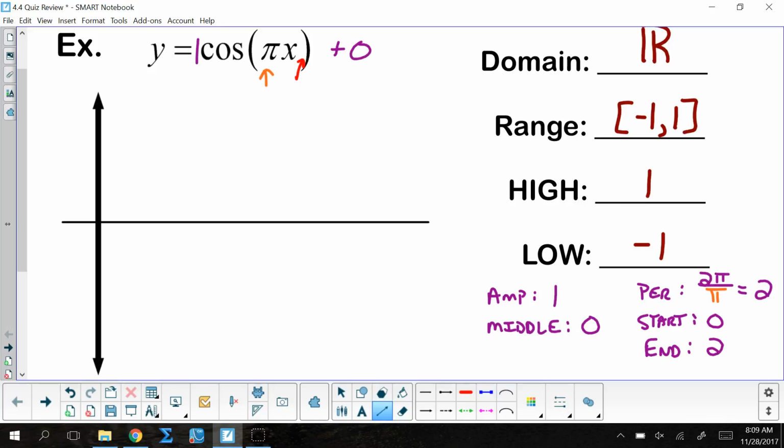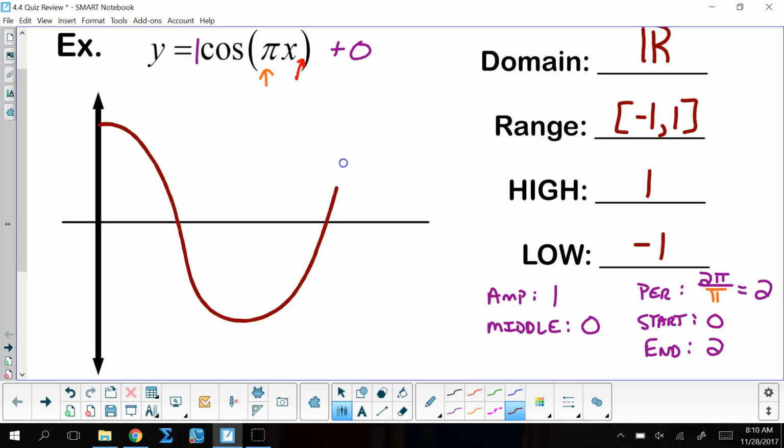If I wasn't starting at 0, then I would adjust where that is, and I would set that first, and then I would go from there. So it says then that I went all the way up to 1, and then down to 0. Now it's a cosine curve, so that's going to start up and end up. Right? Okay.